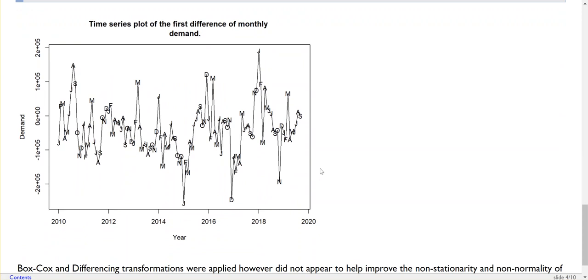So at this stage, we're highly likely to keep the data as is. We want to keep the seasonality and forecast that out. The next step was to start looking at distributed lag models and also ETS models.